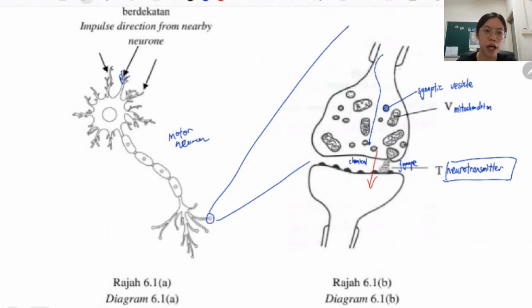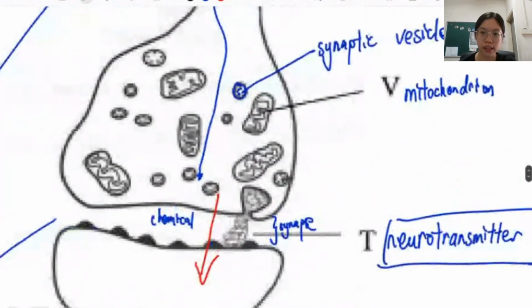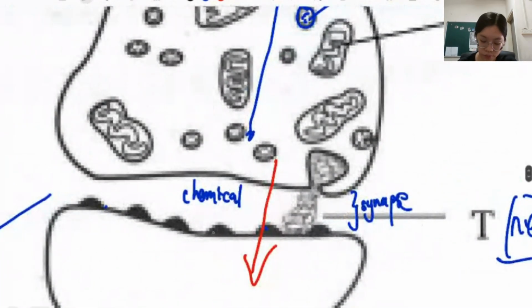The reason is that you can see this receptor right here, it only stays here. It is only present at the dendrite of the receiving neuron. So the neurotransmitter that is released out will only bind to the receptor, and the receptor is here, it is not here. That's why it cannot flow in a two-way direction.